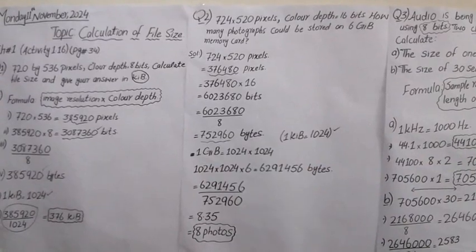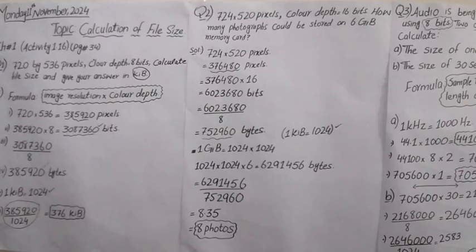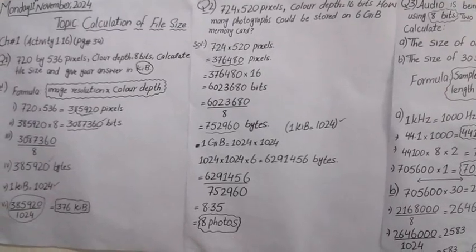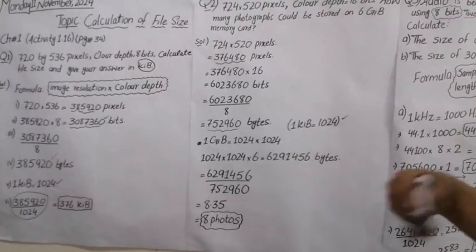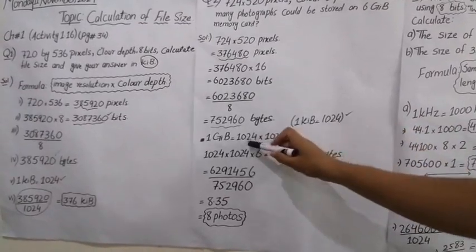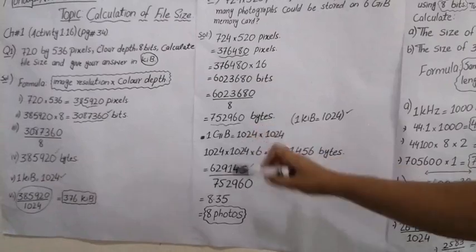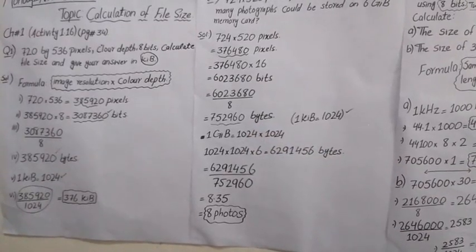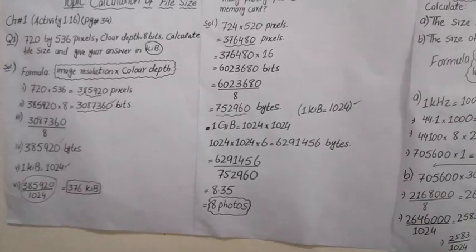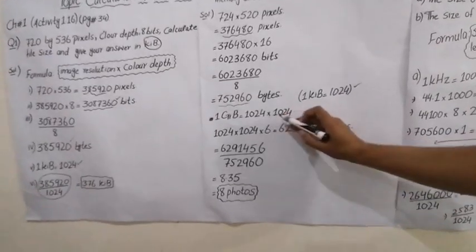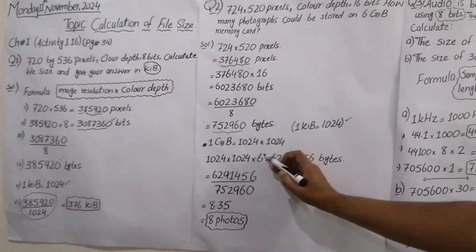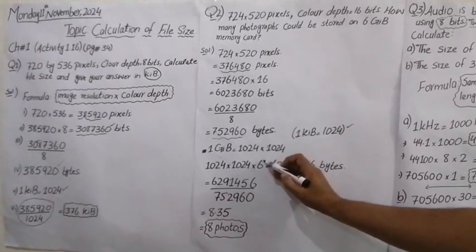So I have told you that you have two options. Either you can learn the value from the table given on page number 32, I think, right? Or the other option is you can remember the value of 1 KB and multiply it twice and you will get the value of 1 GB. So we have to multiply the values twice, and here as you can see I have multiplied this value with 6.